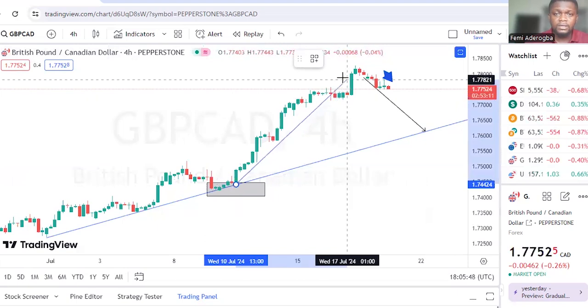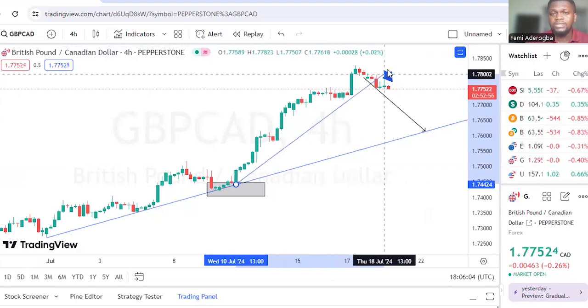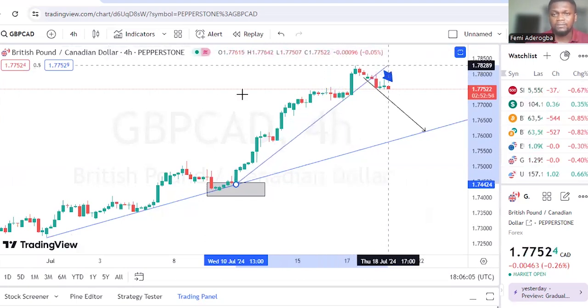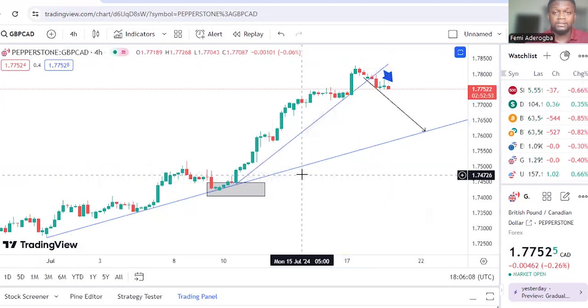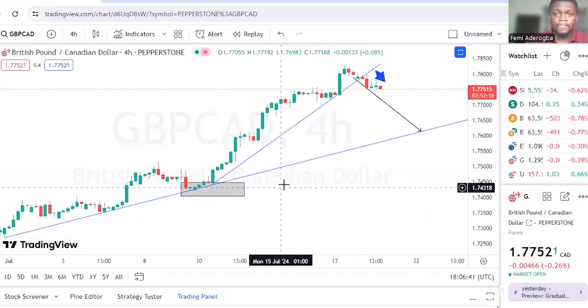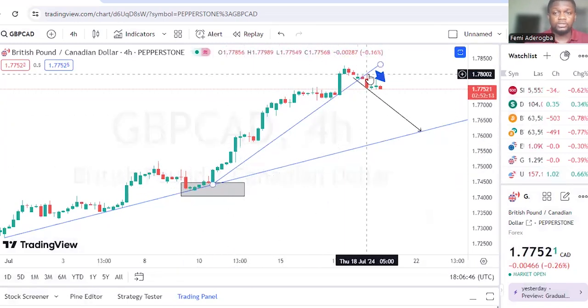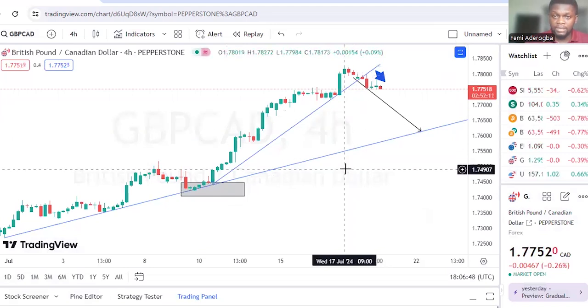If you have done that as well, you can see that immediately the market broke this area, it went up and it starts coming down. That is actually expected of the market. But it's highly important for you not to depend on this trend line only. Like I was saying, it's not advisable for you to trade the market just with this trend line. You are going to make a very big mistake.